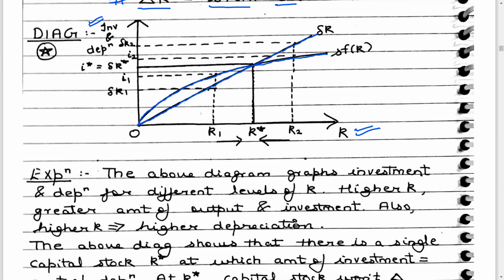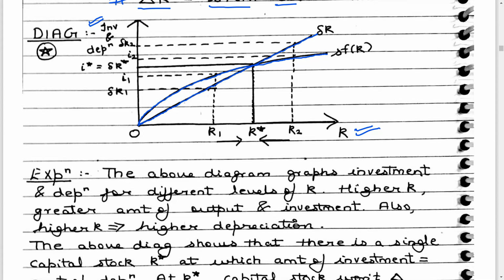You can clearly see now we are looking at what is meant by steady state. So this diagram will be useful in explaining to you the concept of steady state as explained by Solow.